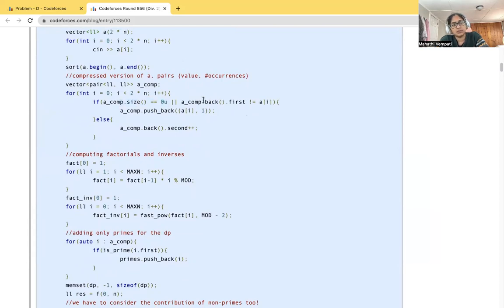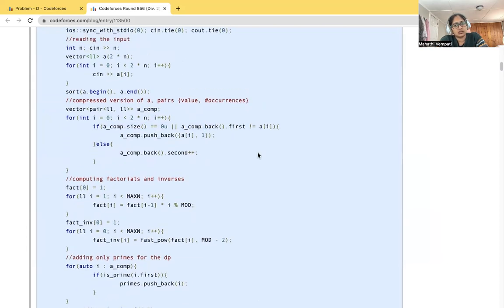What is dot back, dot first? I guess dot back is the last element. Dot first is the first in the pair.